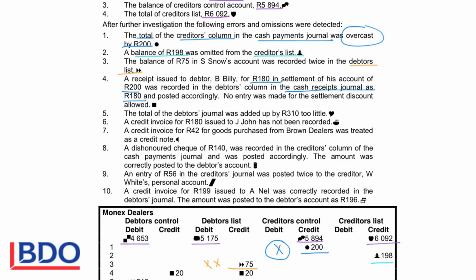But no entry was made for the settlement discount. So that means we have to do an additional entry for the settlement discount of 20. So if I take the 200 minus the 180, it gives me a discount of 20 rand. I will have to reduce my debtors control with 20, and I must reduce my debtors list to show that the amount will reduce with 20 rand.